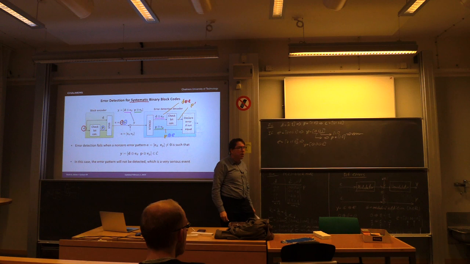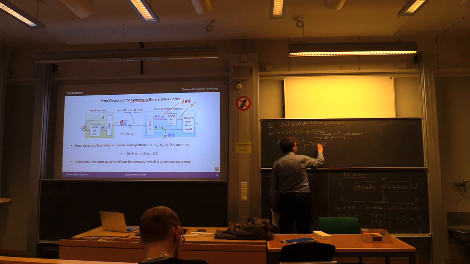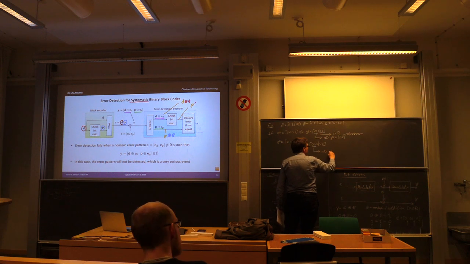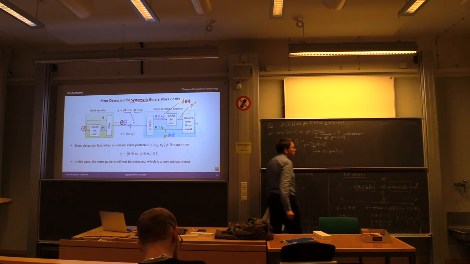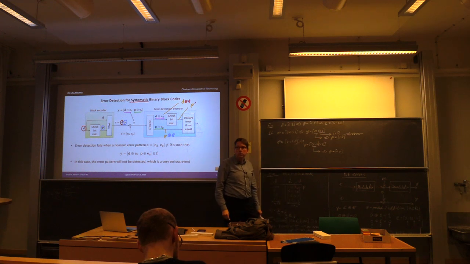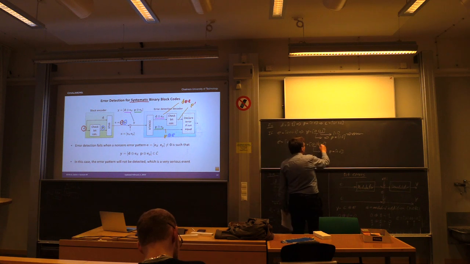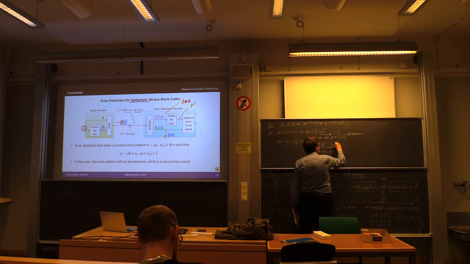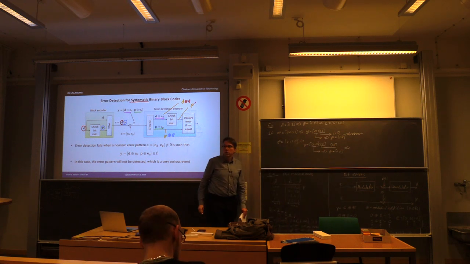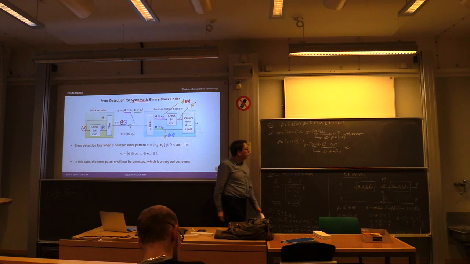Right? We split this into 2 parts. We take the data, and this gives us the parity check 0, 0. And then we compare this with the received pattern, 0, 0. So what will we declare in this case? No error. Right.